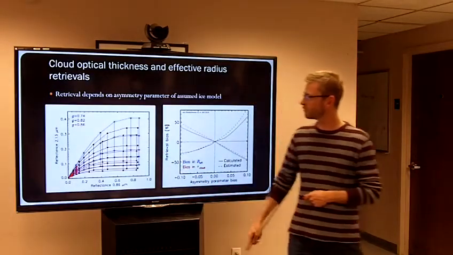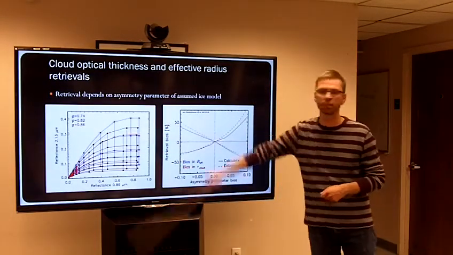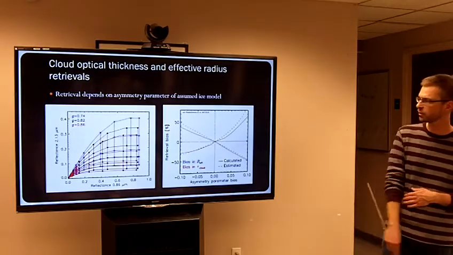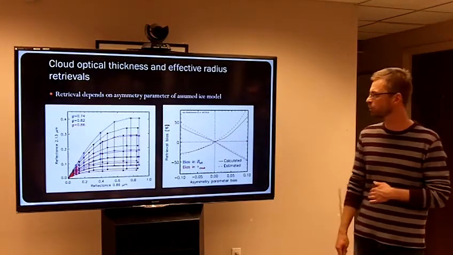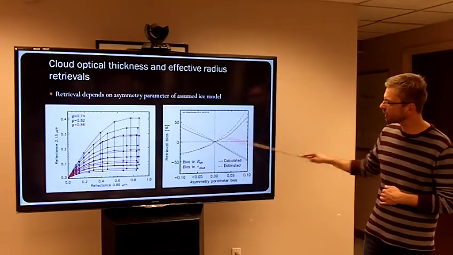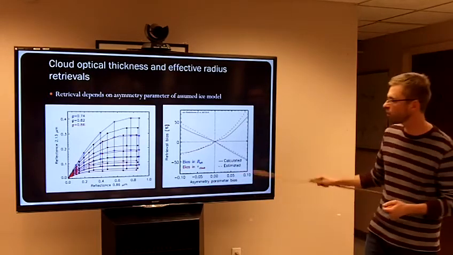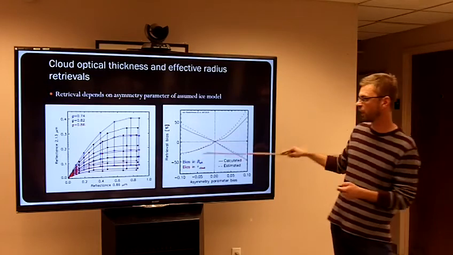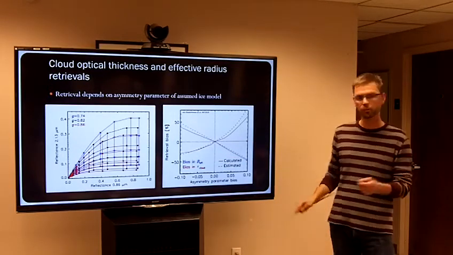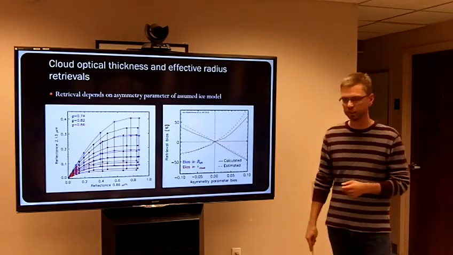So you get a different diagram if you pick different ice models with different asymmetry parameters in the visible. And that creates a bias. If you have a bias in your asymmetry parameter, you create a bias in the optical thickness that is retrieved and the effective radius that is retrieved.